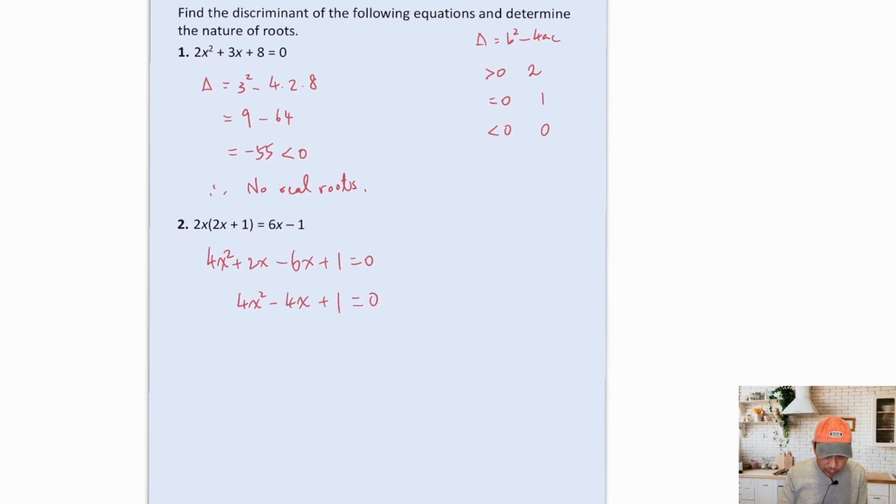So the discriminant is equal to b squared minus 4ac. b is negative 4 squared minus 4 times 4 times 1. So 16 minus 16 should be 0. So for 0, one double real root.